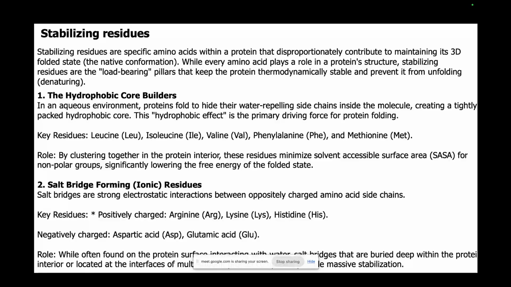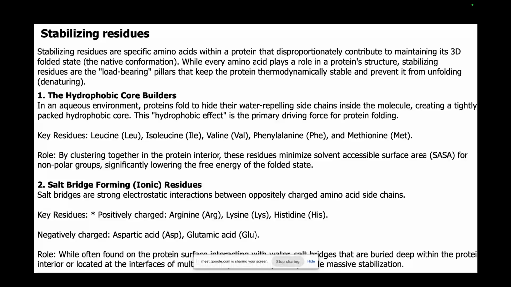So as the line says, all the amino acid residues contribute in some way or the other to the structure of the protein, right? But there are some amino acids which will have a bigger role in conforming to the structure than some other amino acids.